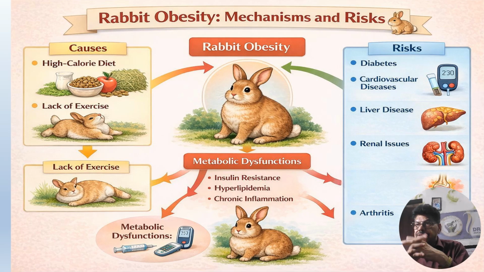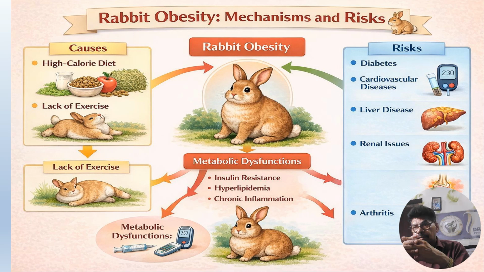As for the mechanism of obesity, when a high calorie diet is fed to rabbits and they are given less exercise, the lack of exercise may lead towards metabolic dysfunction.